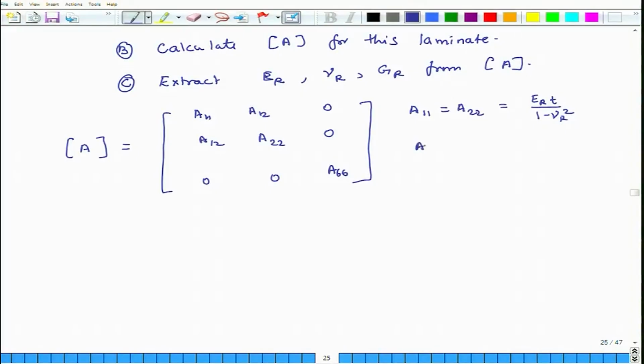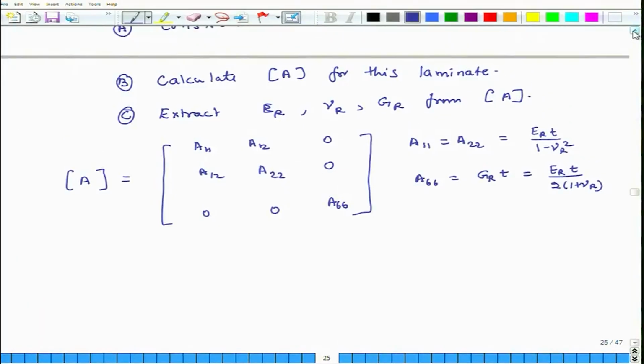Similarly, A66 is equal to GR times T, and that equals ER times T divided by 2 into 1 plus nu R. Okay. I make one simpler assumption here also, just to make mathematics simple, that we assume that the overall thickness of the randomly oriented composite is 1.